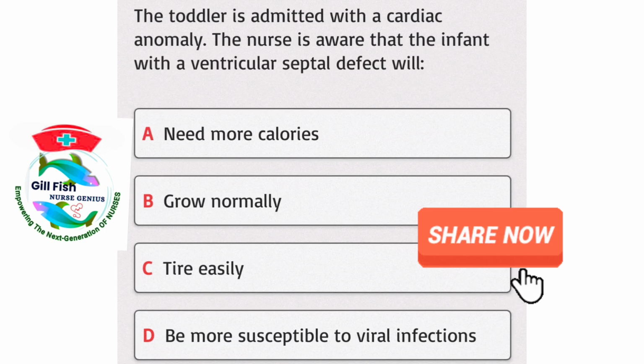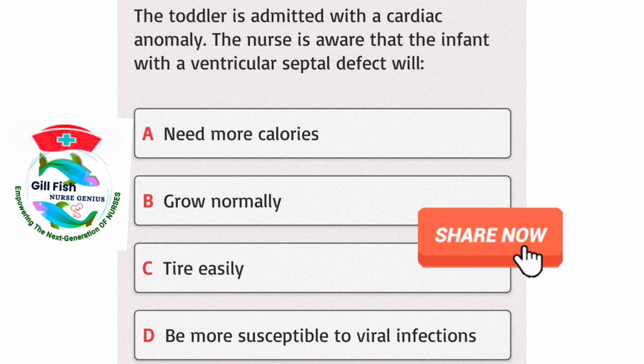The toddler is admitted with a cardiac anomaly. The nurse is aware that the infant with a ventricular septal defect will option A, need more calories. Option B, grow normally. Option C, tire easily. Option D, be more susceptible to viral infection.